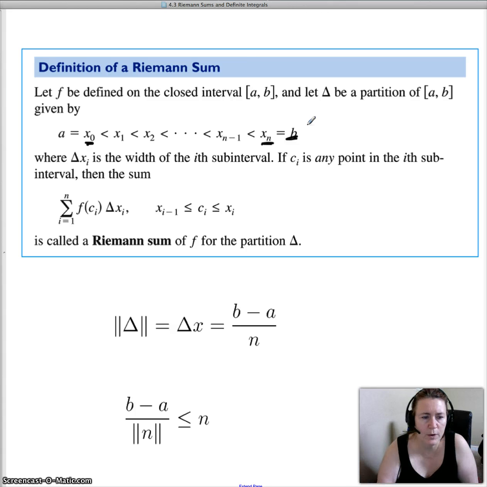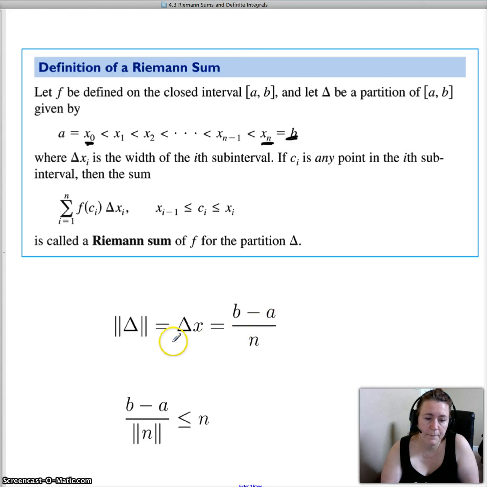If c sub i is any point in the i-th subinterval, then the summation from 1 to n of f of c sub i times delta x sub i is called a Riemann sum for this partition. Okay, if it's regular, then we can write it this way. The regular partition has delta x equal to b minus a over n.